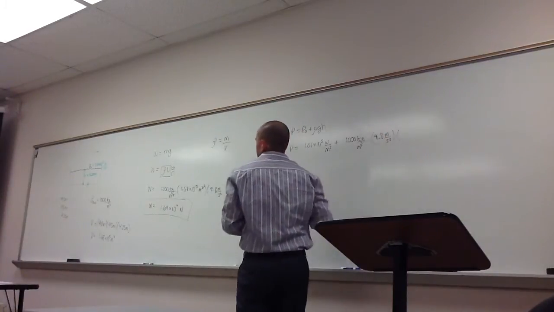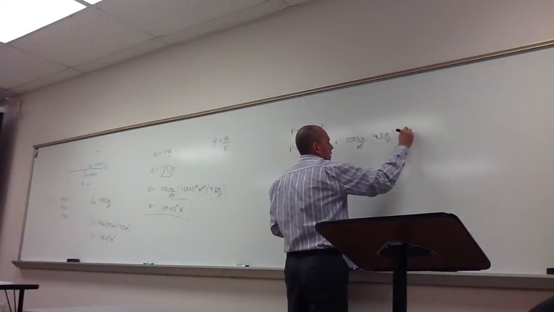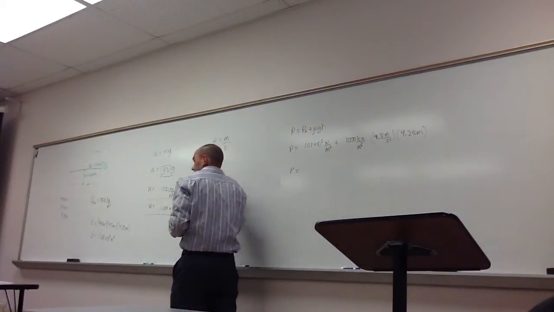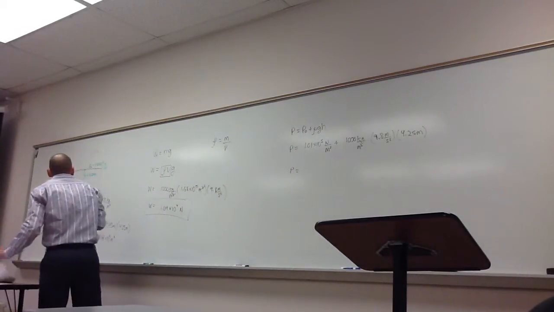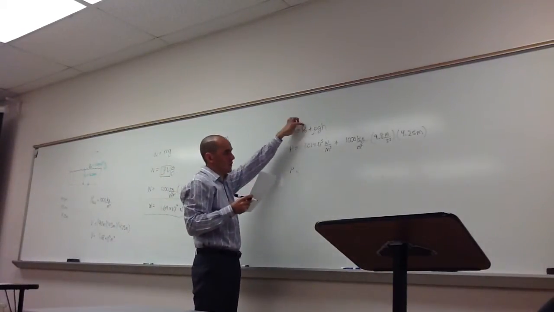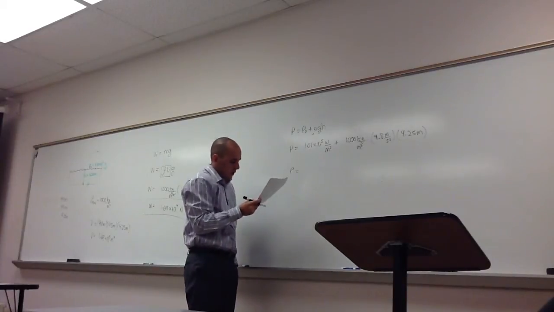And then that height was the 4¼. This will give us the absolute pressure at that point down there at the bottom, 4¼ meters below the top point, which is at the surface.